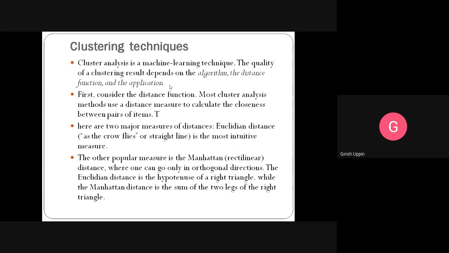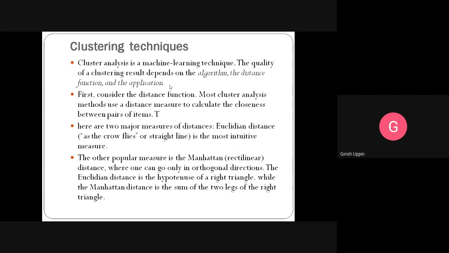There are two major distance functions. One of them is the Euclidean distance, which is very intuitive and easy for identifying the distance between two objects. The other most popular measure is the Manhattan distance, or rectilinear distance, where one can go only in the orthogonal direction.